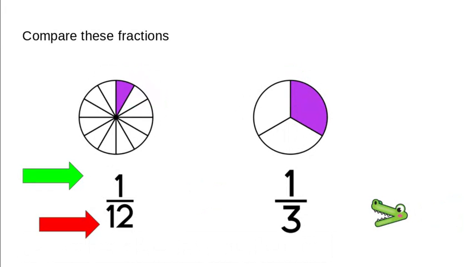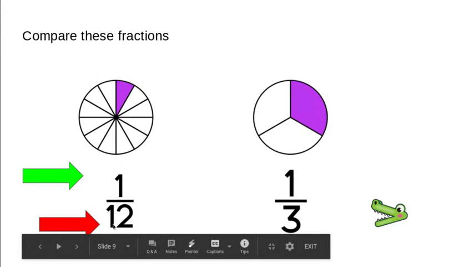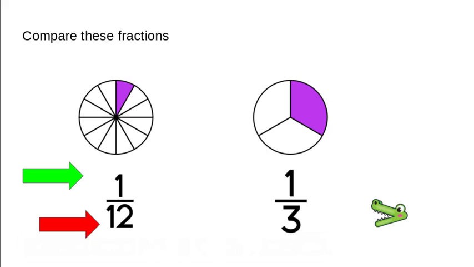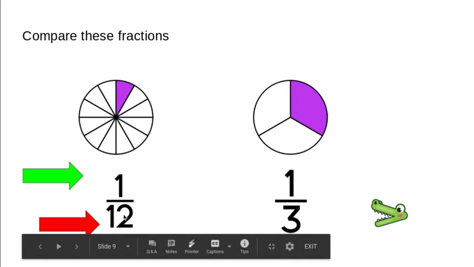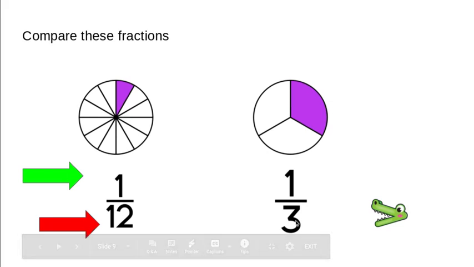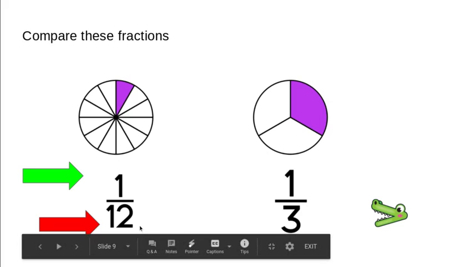Okay, so again, I try that rule that we talked about earlier, and I first look at my denominators. They're not the same. So what do I know about denominators? Well, if I have to share with 12 people versus share with 3 people, the thirds would be bigger than the 12ths. But let me see how many pieces.